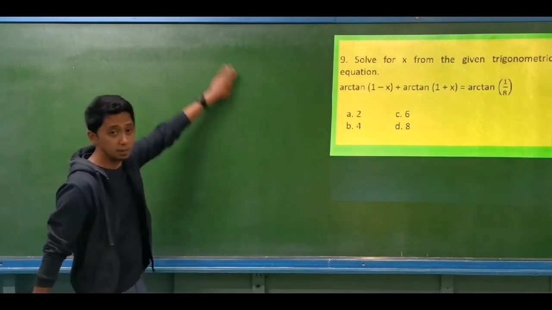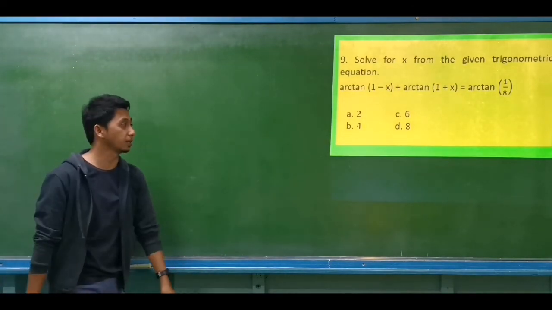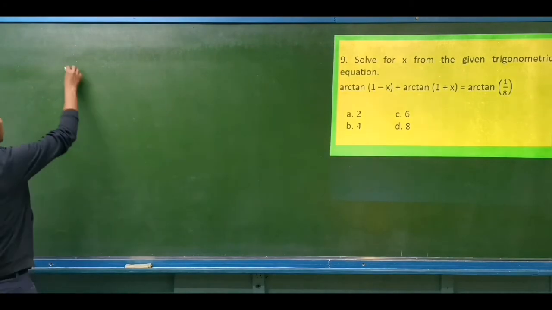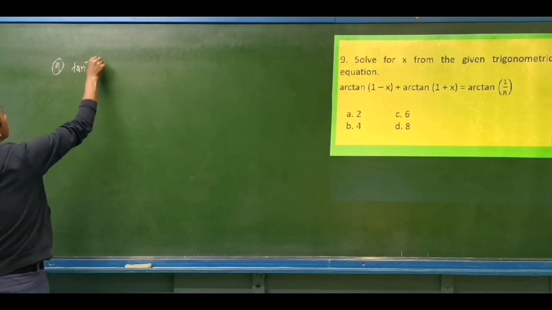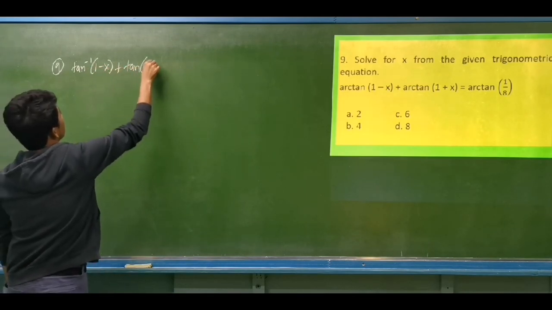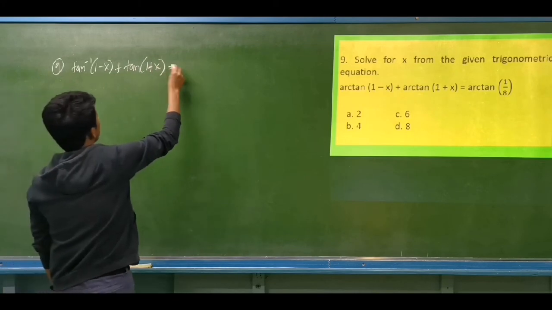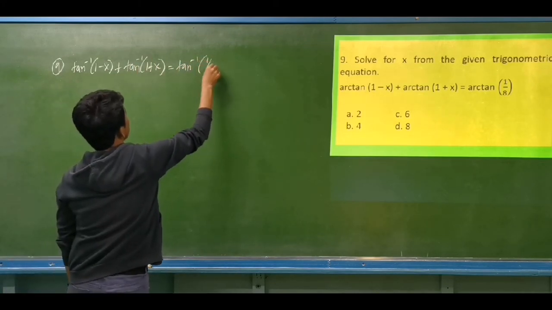This is the fundamental solution, just in case all are variables and we can't do trial and error. So we have solution number 2. It is the same: shift tangent of 1 minus x plus the shift tangent of 1 plus x equal to the shift tangent of 1/8.